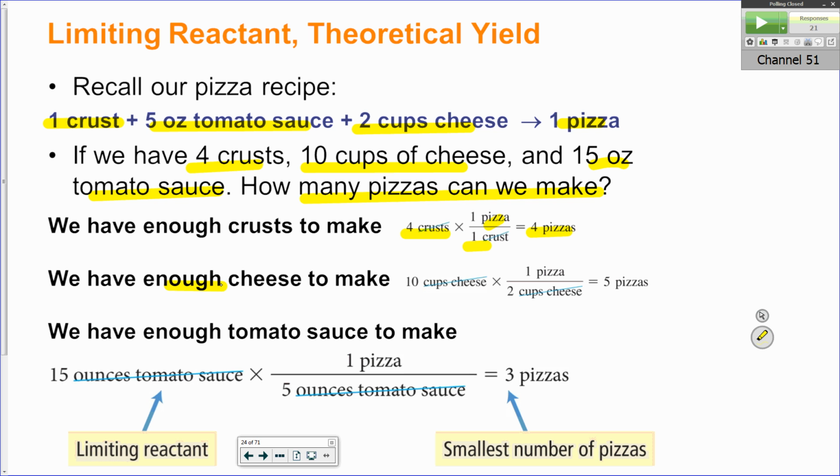We've got enough cheese, 10 cups of cheese, 2 cups per pizza to make 5 pizzas. But if we look at the tomato sauce, there's 15 ounces of sauce, 5 ounces per pizza. We can only make 3 pizzas. So the limiting ingredient in our pizzas is the tomato sauce.